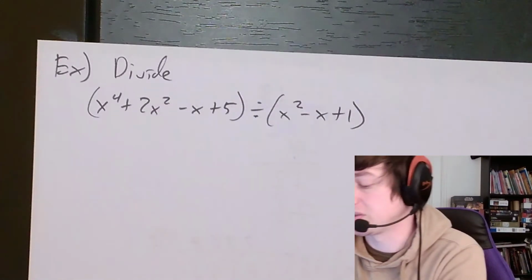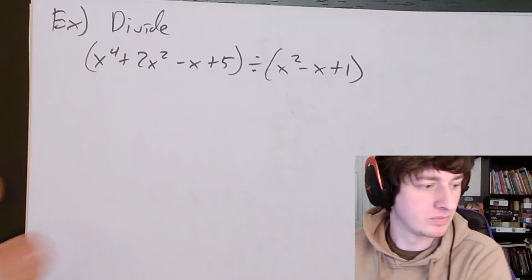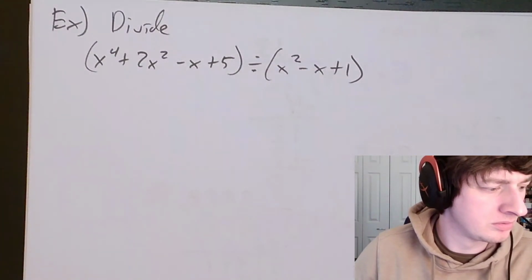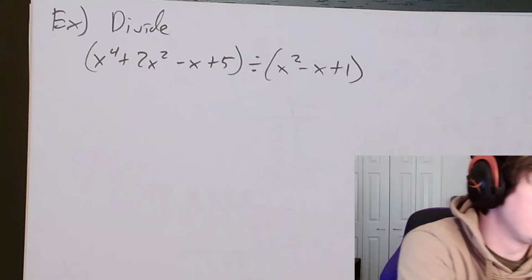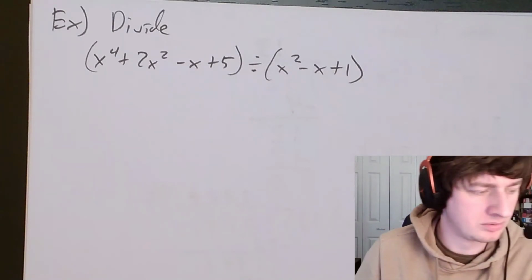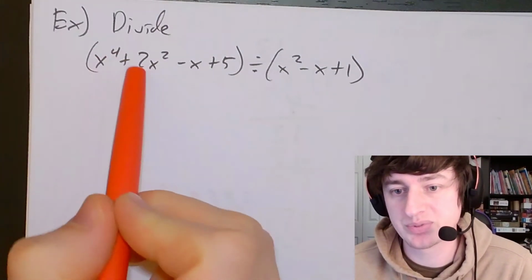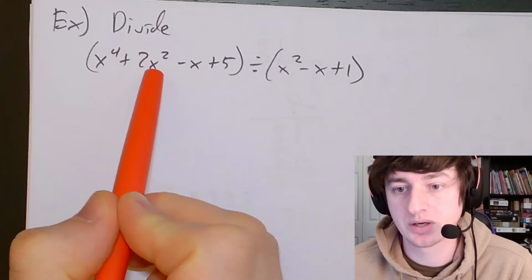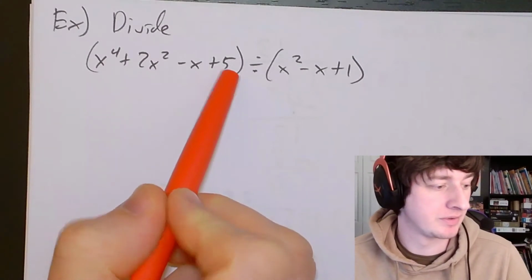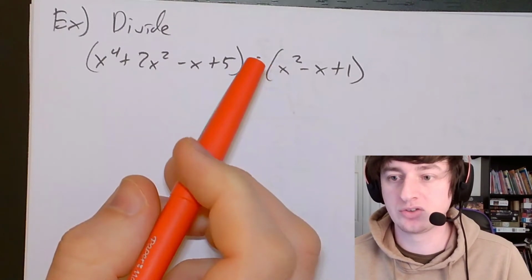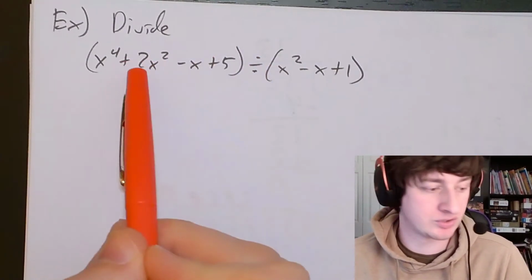Now, notice this goes x to the fourth, skips x cubed, then x squared, then x, and then 5. So this is what I was talking about before. We need to include the x cubed term.